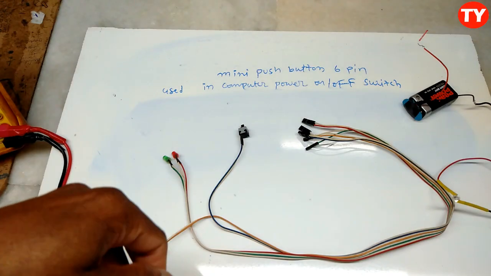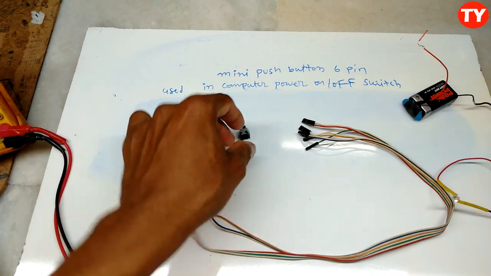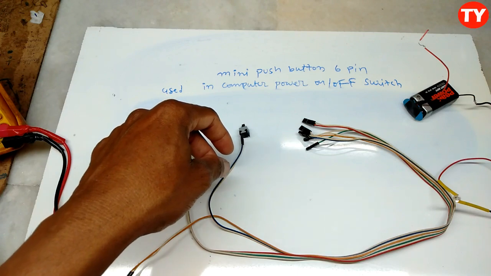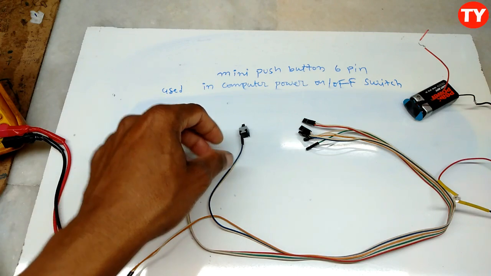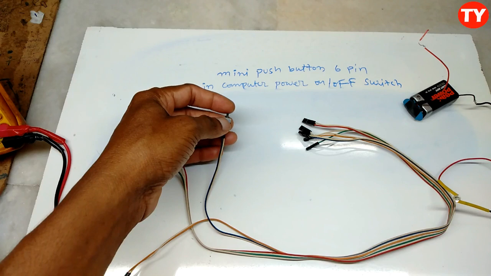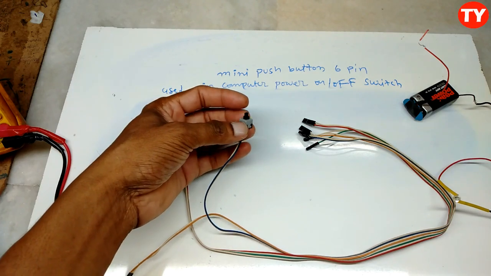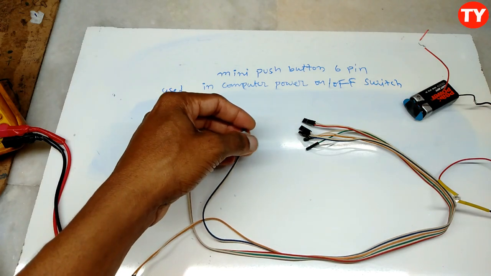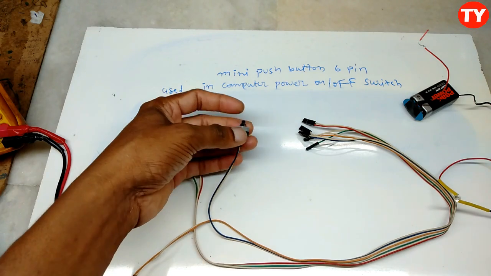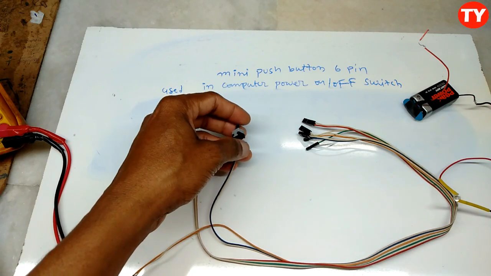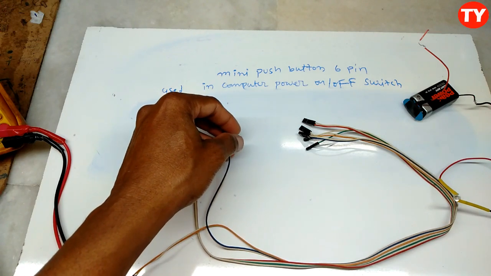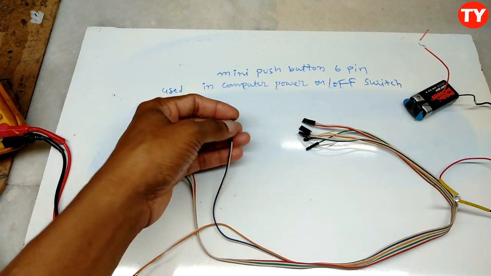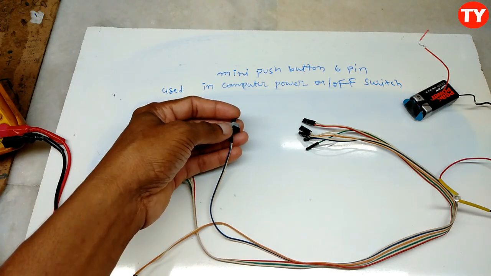Now fault finding in the power switch. If your computer does not power on, you have to check this push button for open. If this push button is open, the computer will not power on. Second, the computer mysteriously stops working or hangs after some use.